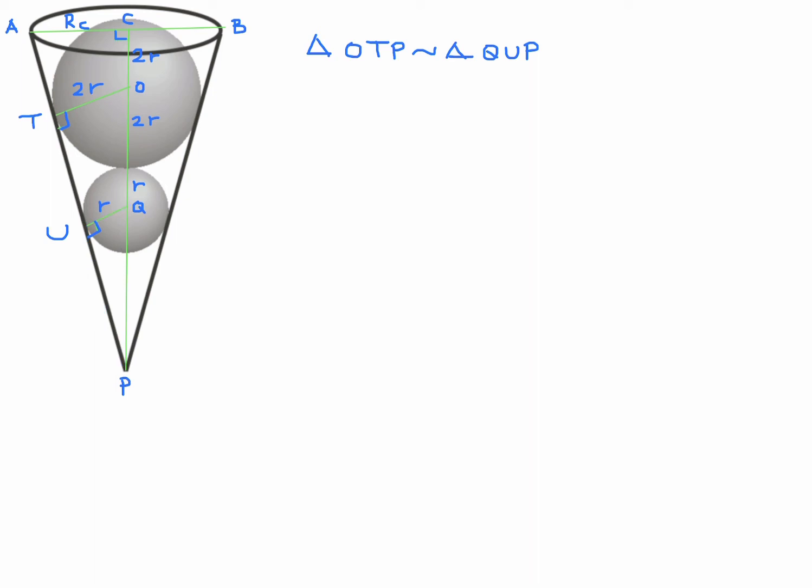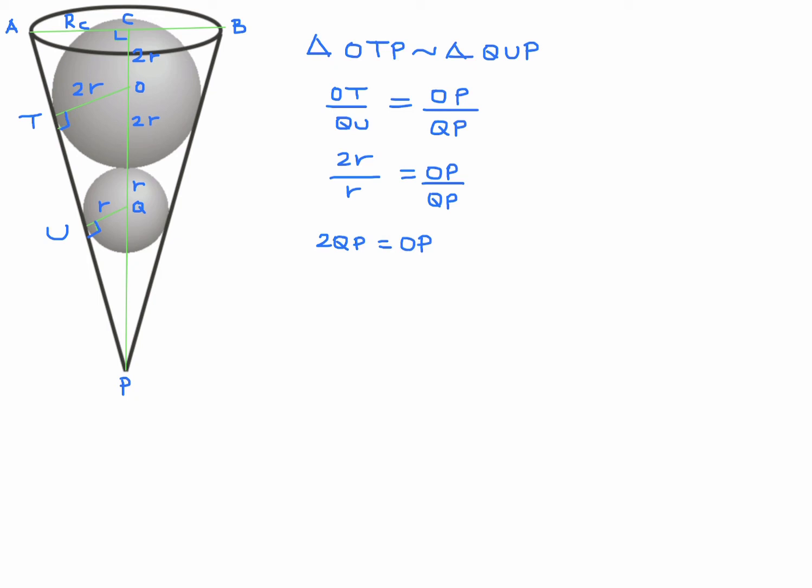They have the exact same angles. So based on that, OT over QU is the same as OP over QP. OT is 2R and QU is R, and that's the same as OP over QP. When the R's cancel out, that means 2QP is equal to OP.